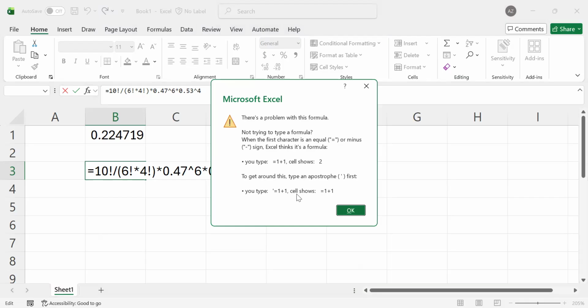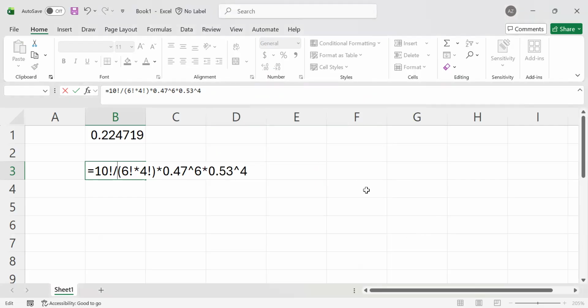Oh, it should be another formula: FACT for factorial. It should be FACT 6 times FACT 4. That should do it.